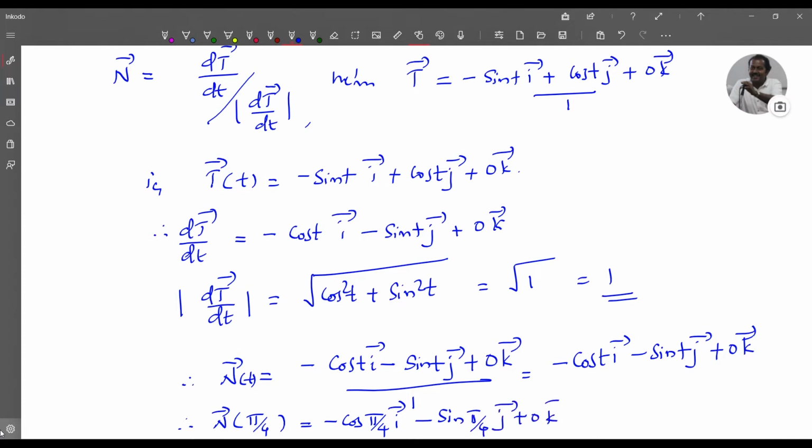So that is equal to minus 1 by root 2 i minus 1 by root 2 j plus 0k.